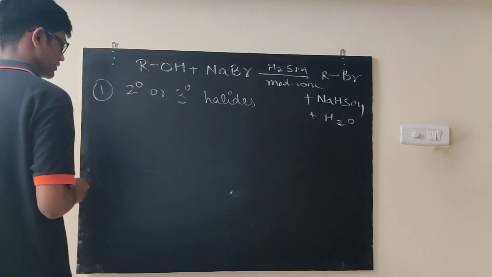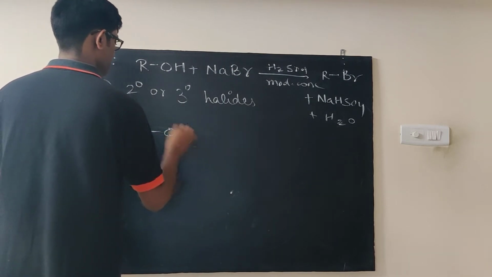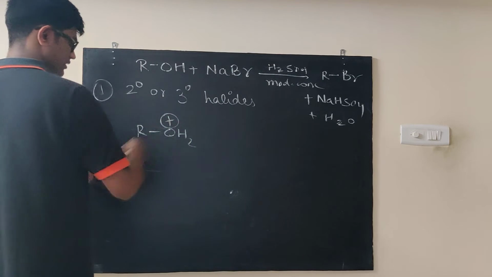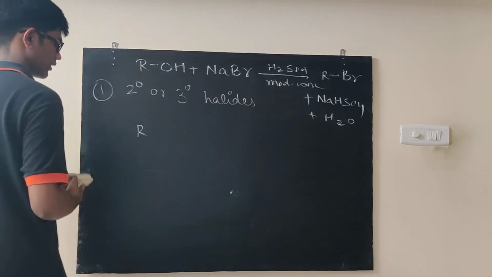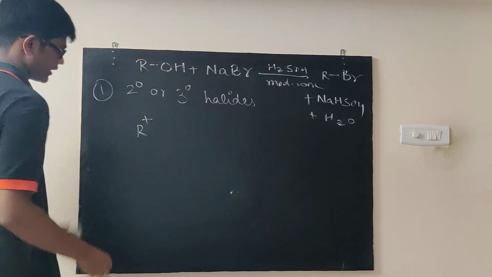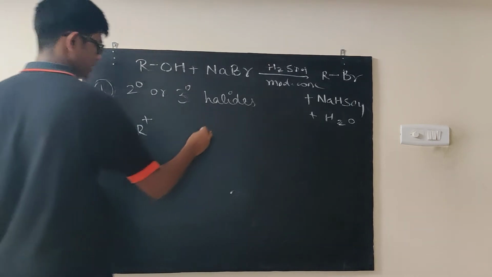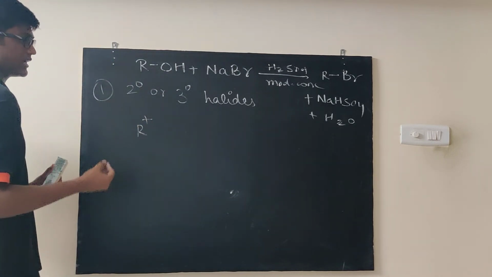I just do the box mechanism, but if it were secondary or tertiary, you would have gotten ROH2 plus, and then this will make it easier, because if it's a secondary or tertiary alkyl group, then R plus is highly stable. Once you get R plus in the presence of H2SO4, what will happen is the carbocation will deprotonate.